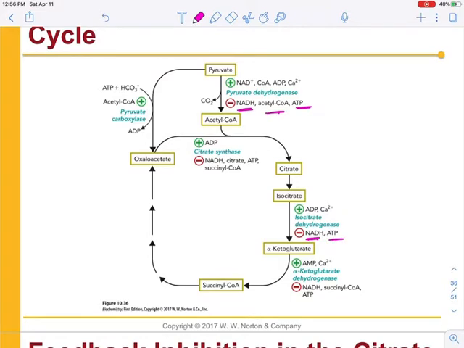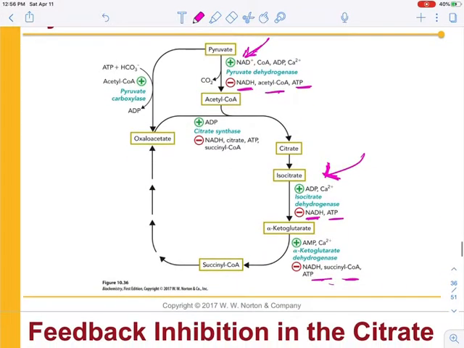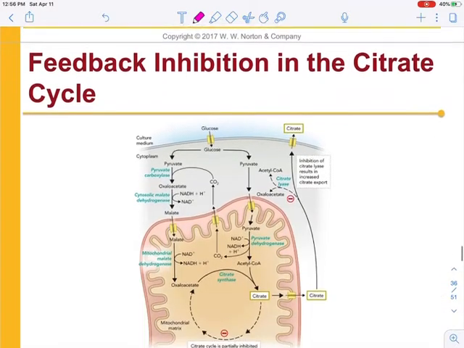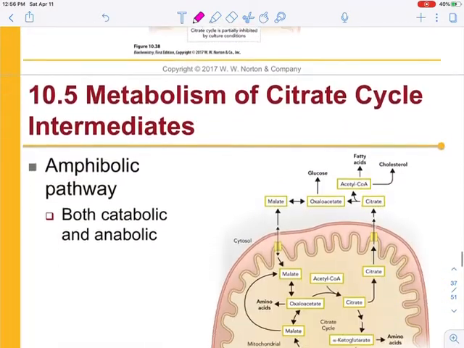Inhibited by NADH, ATP, and activated by ADP, NAD+, and so on. So that should be intuitive at this point. Inhibited by things that show the cell is at rest. Activated by things that show the cell is at work.